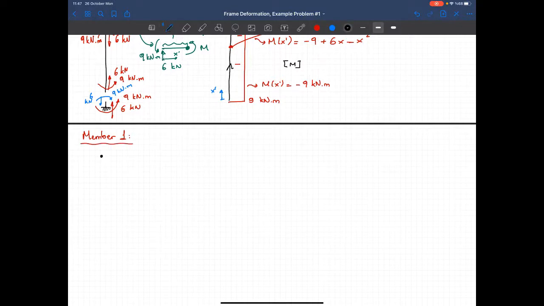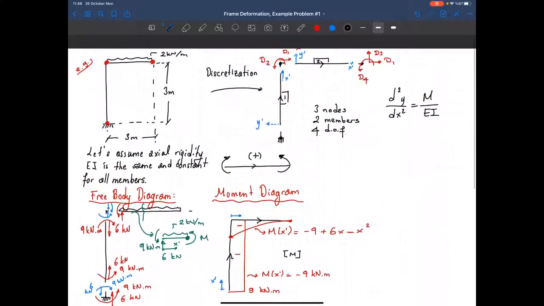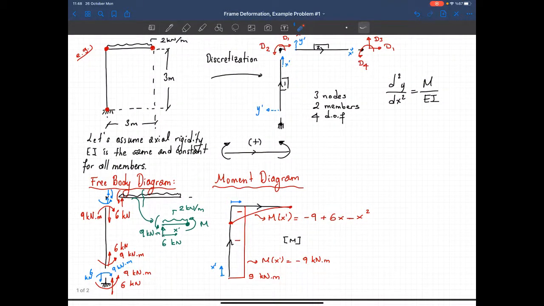So this is the node, this is our member. I just draw that member on the horizontal axis like that. So what I did here is I drew this member 1 as follows. That will be the x prime, that will be the y prime, and I have a node here.